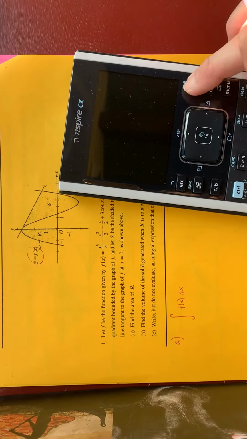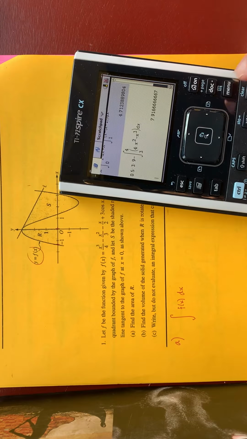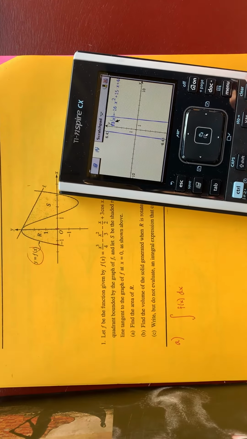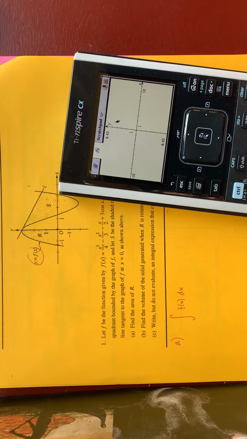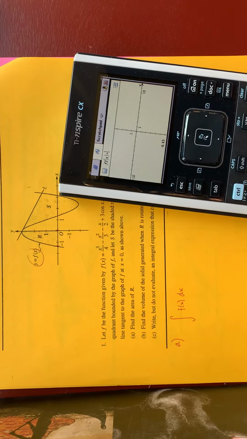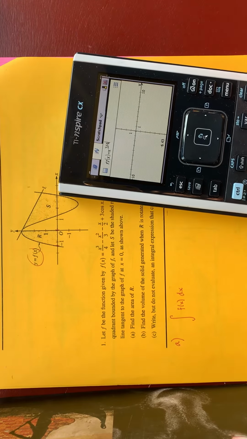So I'm going to grab my calculator. Sorry. Put it in the curve. Make sure that you're in radians. Oops, my goodness.